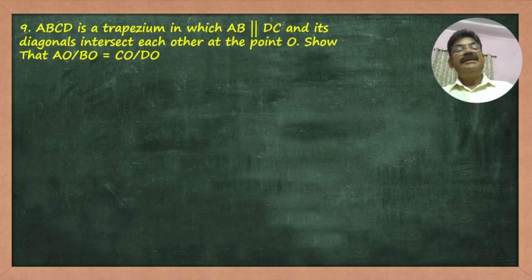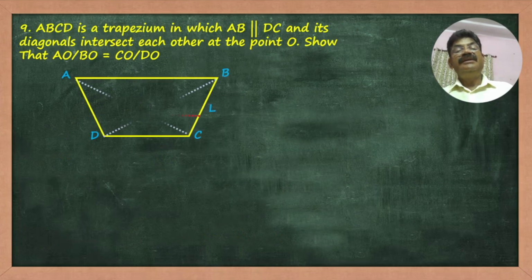Ninth problem. ABCD is a trapezium in which AB is parallel to DC and its diagonals intersect each other at the point O. Show that AO divided by BO is equal to CO divided by DO.